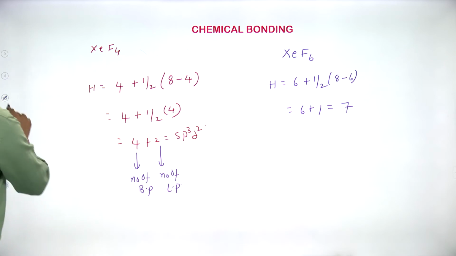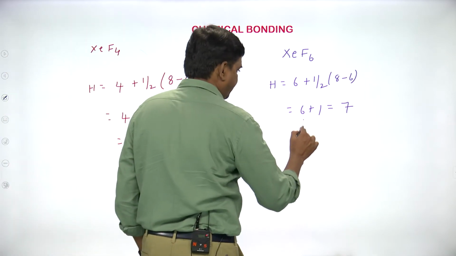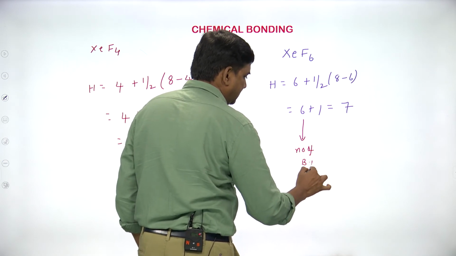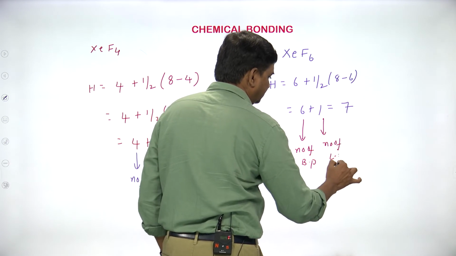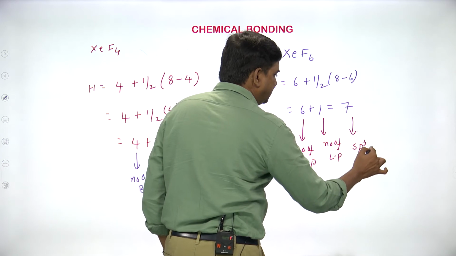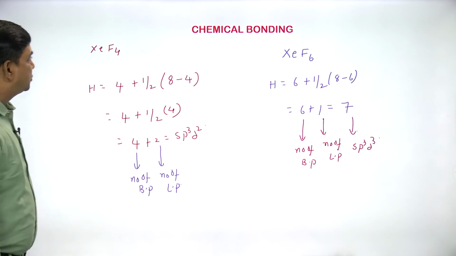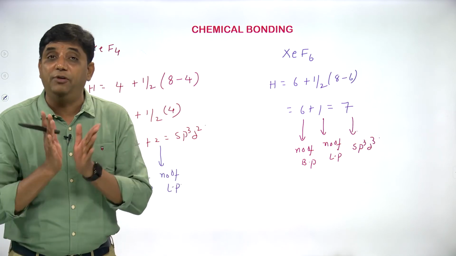That means number of bond pairs, number of lone pairs, hybridization sp3d3, like this.